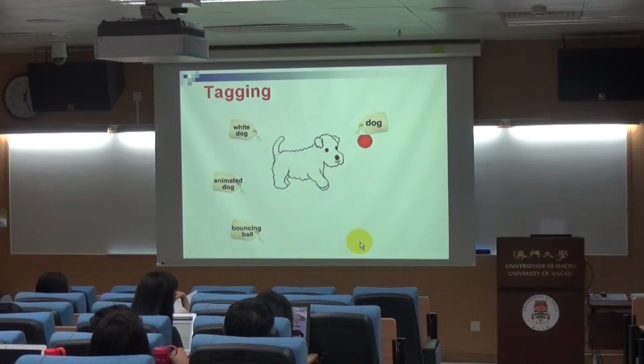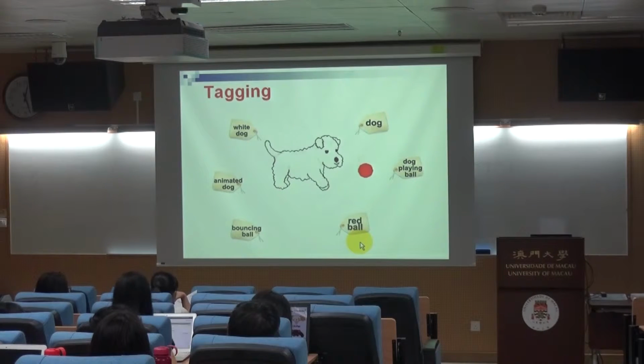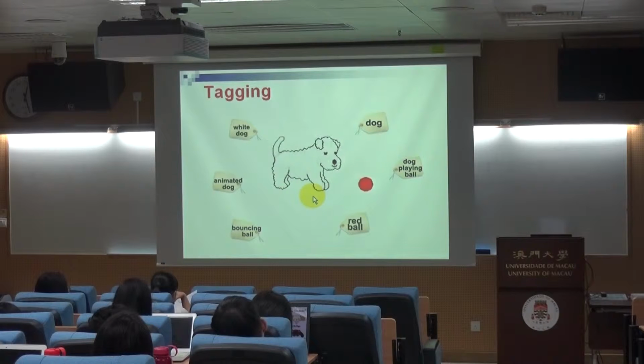A dog playing ball, and a red ball. And I'm sure you can think of many other phrases that would represent this picture that we see. So we use tags to associate meaning to some type of web content.